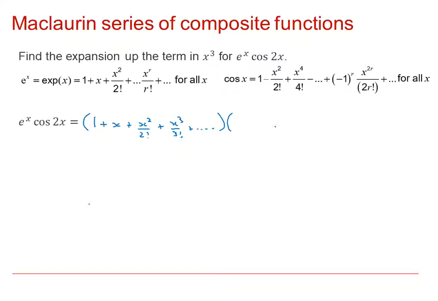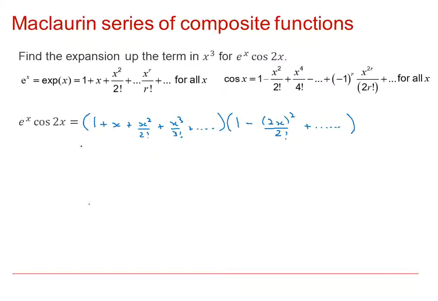We need to be careful with this one because it is cos 2x and not cos x, but we would get 1 minus 2x squared over 2 factorial, and I don't need to do the quartic term because we only want a cubic approximation.